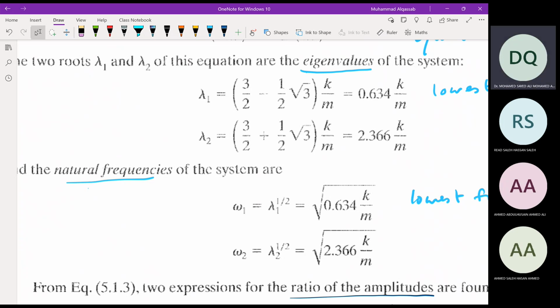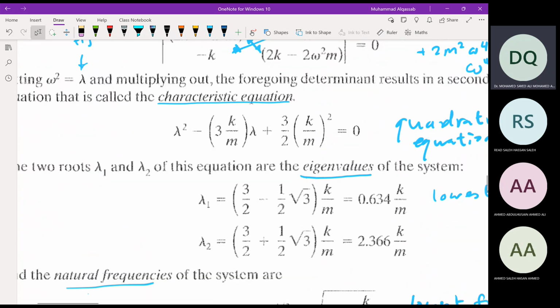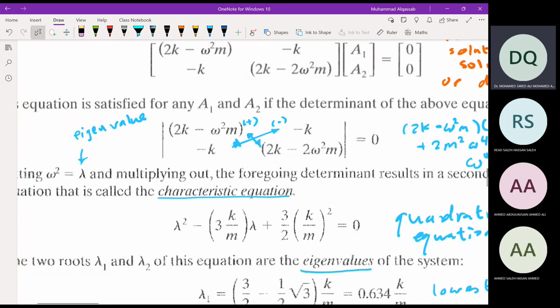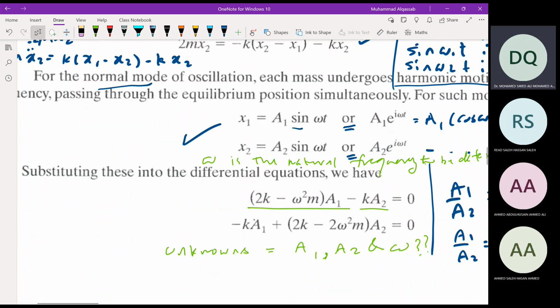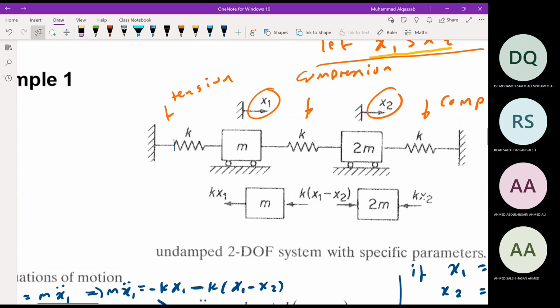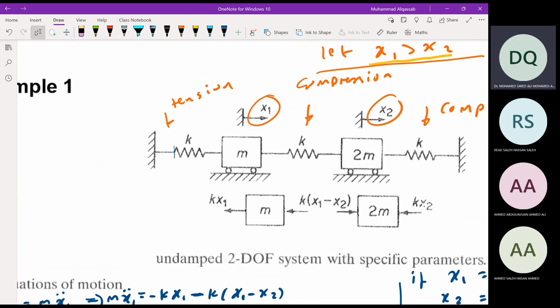When I said that they will oscillate with the same frequency, I meant all the points on the system will oscillate with the same frequency. On the diagram here, any point on the system, here or here or here, if this is oscillating with the first mode, all the points, you can number them 1, 2, whatever, up to 10, will oscillate with the same frequency omega 1.